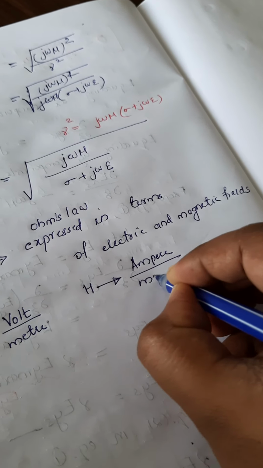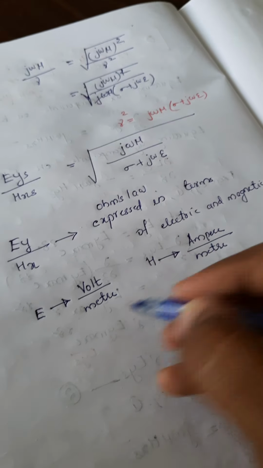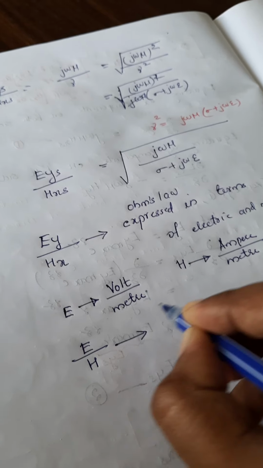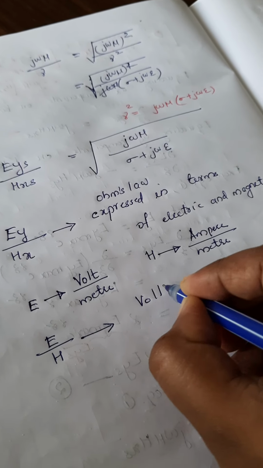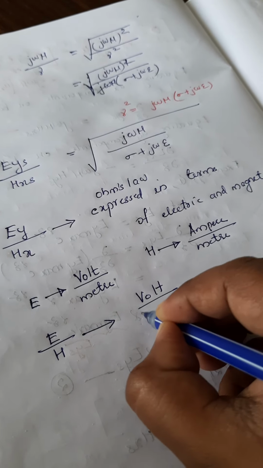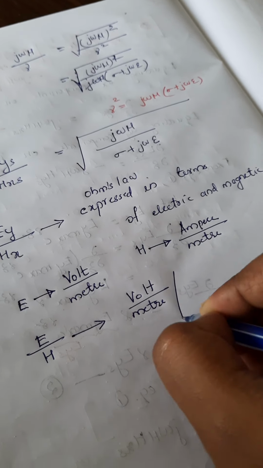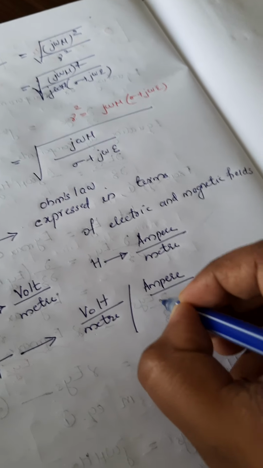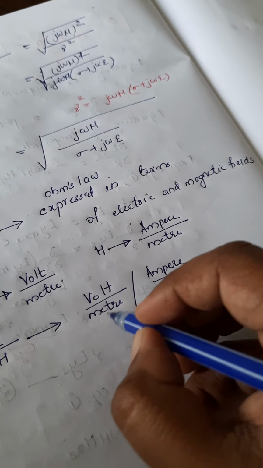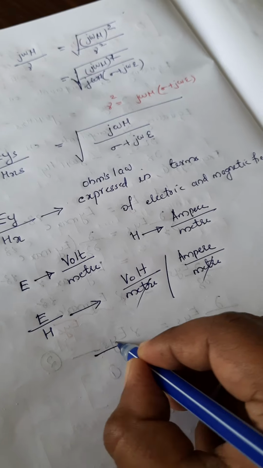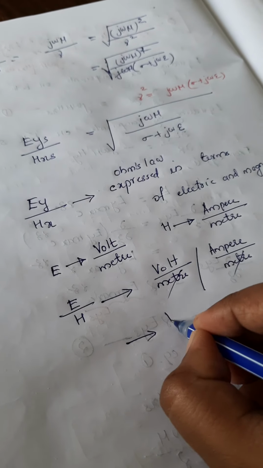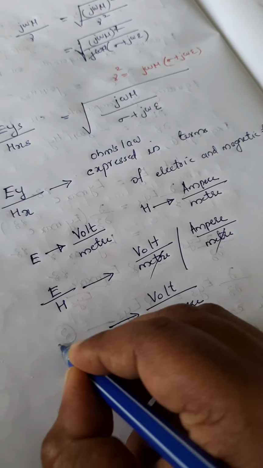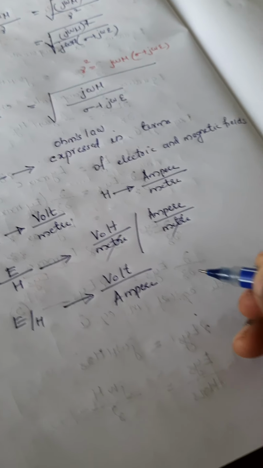Now taking E by H, E is volt per meter and H is ampere per meter, so meter and meter cancel. So this E by H becomes volt per ampere.